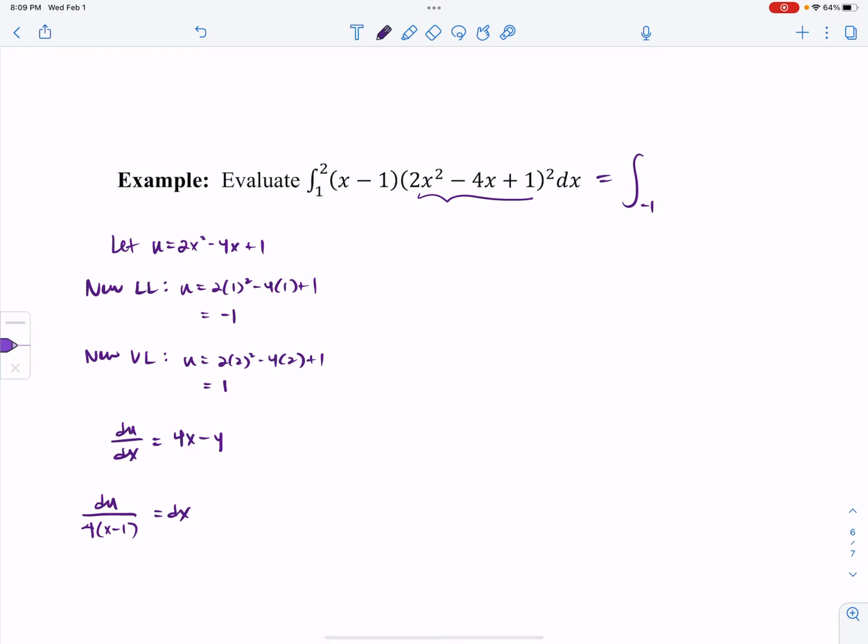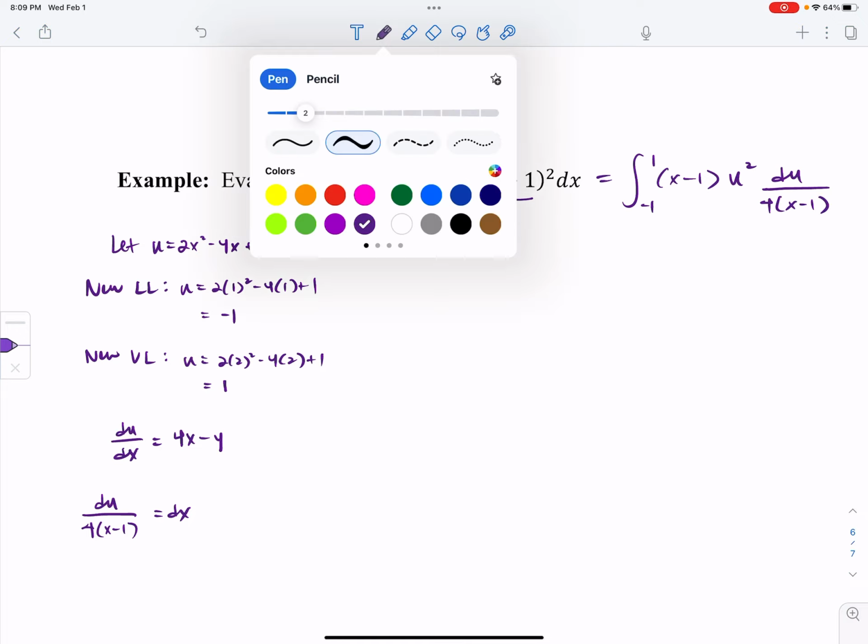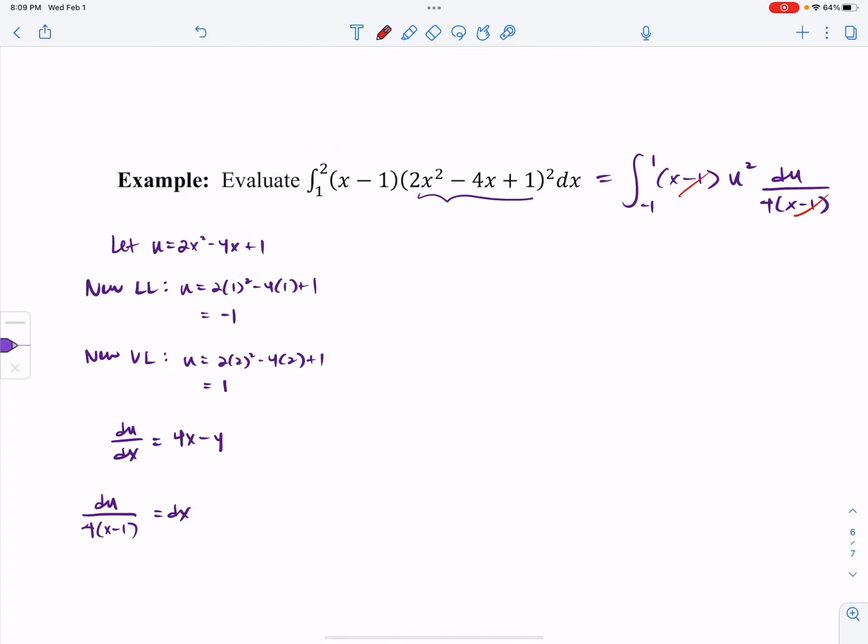So remember to put in your new limits of integration. So -1 to 1. The x minus 1 was still there. u squared, and then du over 4 times the quantity x minus 1. So those x minus 1s will cancel.